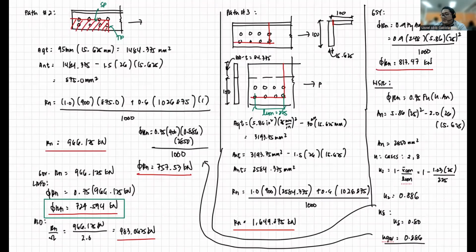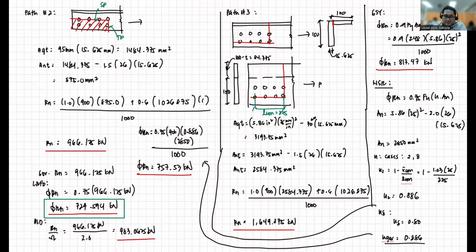Alright? And that will be the same scenario kapag sa examination natin by next week. Kasi you will be given a tension member and then you need to check the value of the nominal capacity based from the cross-section yielding, then for net section rupture, if slenderness is given, you will calculate also the slenderness limitation.